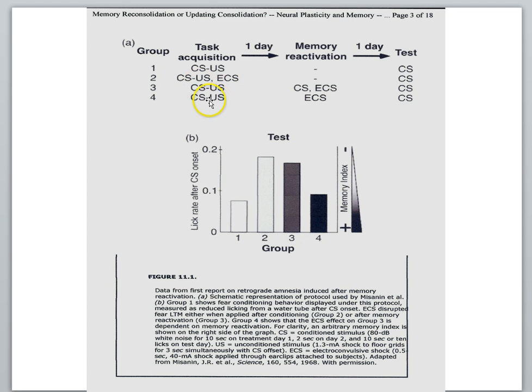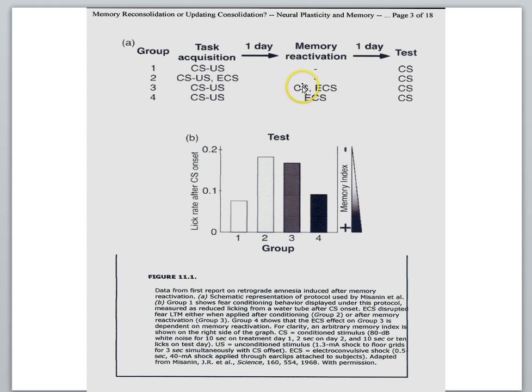Take a look at groups 3 and 4, though. Interesting groups here to look at. Training on day 1, but then the following day, this group is reminded of the memory. They're just given the CS, so that's a cue.